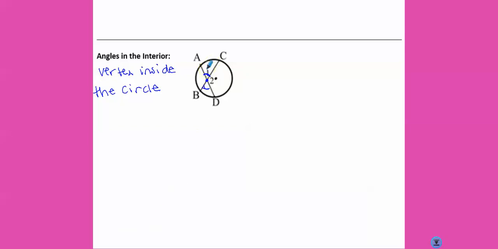But we want to look at the two arcs they intersect. So angle 1 intersects arc AC, and the angle across from it intersects arc DB. So the angle will equal half of the two arcs combined that it intersects.